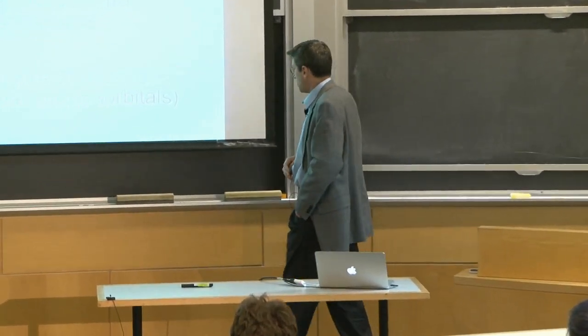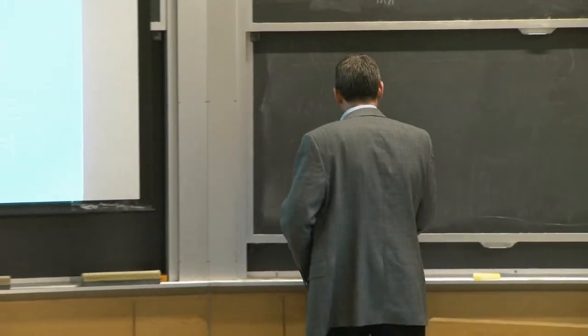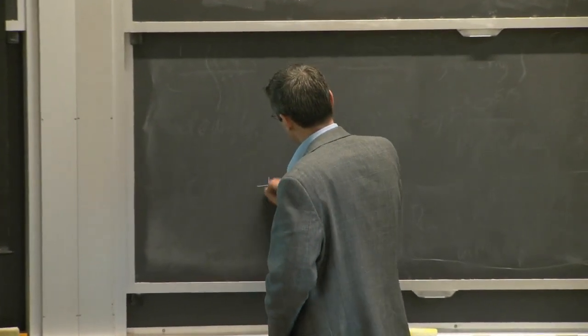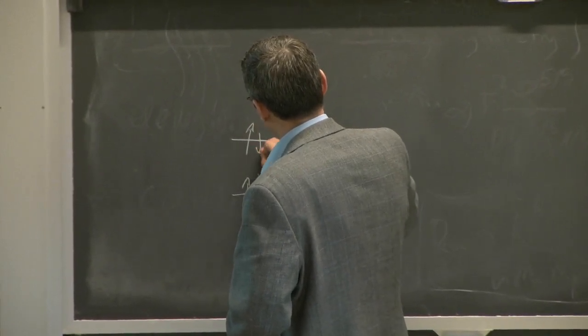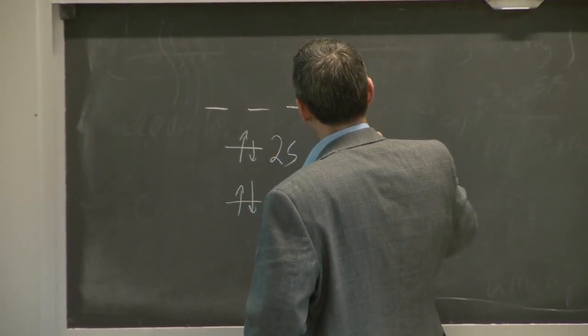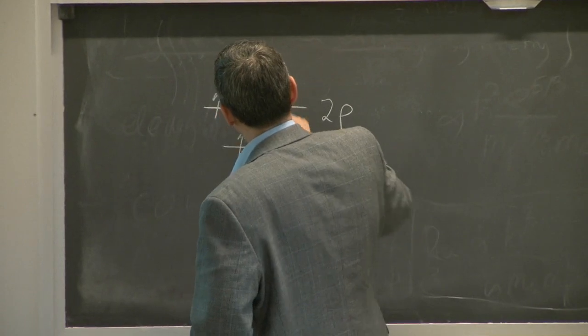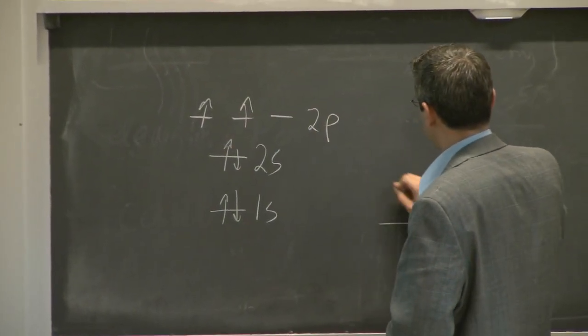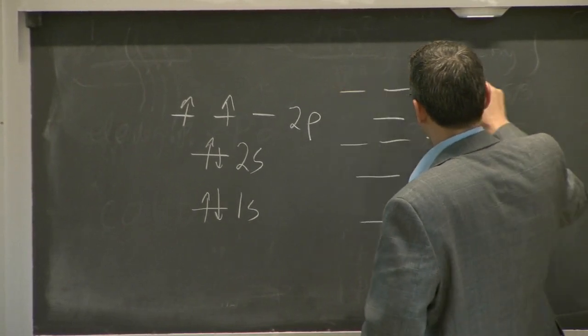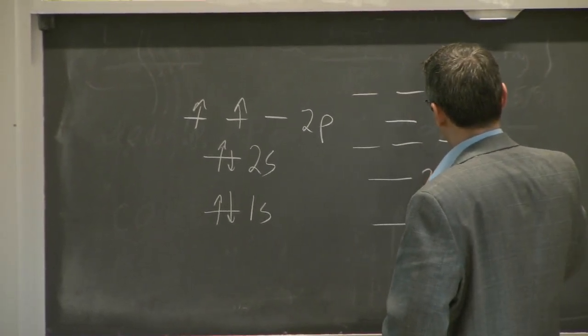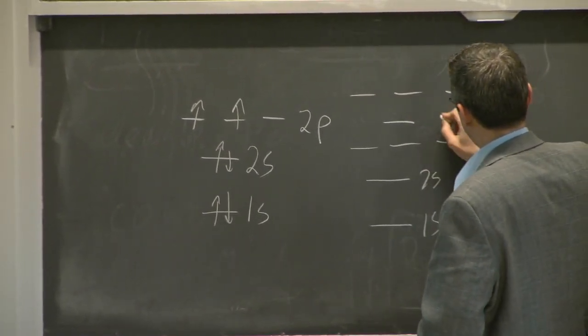But you see, here's carbon, and here's 2p. And now here's silicon. This is 1s, 2s, 2p.